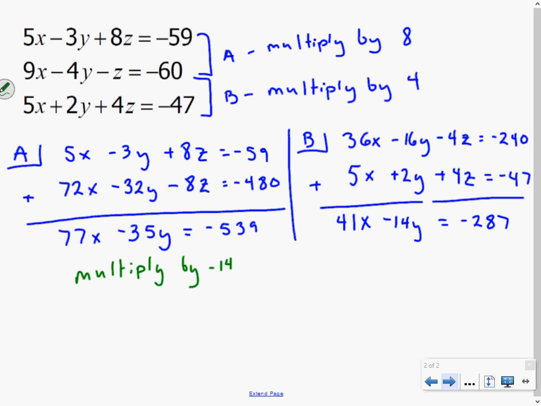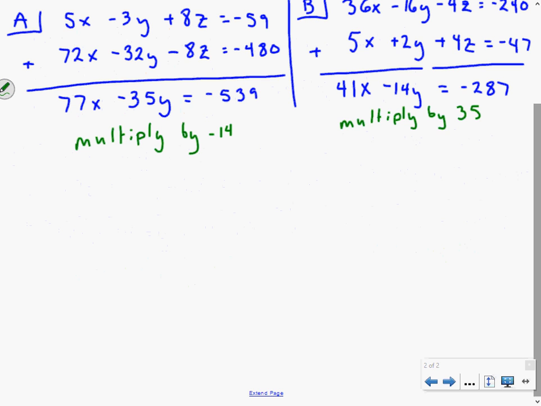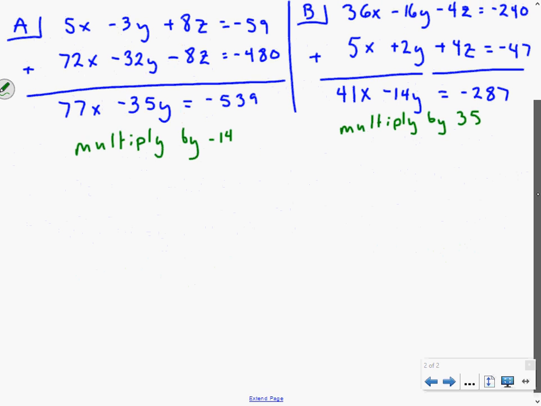What that's going to do is create a coefficient of 490 in front of my y. And then to get it to match over here in the b equation, I'm going to multiply by 35 so that I get a negative 490. So we're going to have some big numbers, but it's okay. We've got calculators. We can handle it. It's going to be fine.